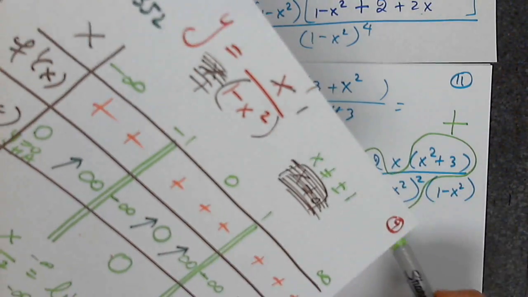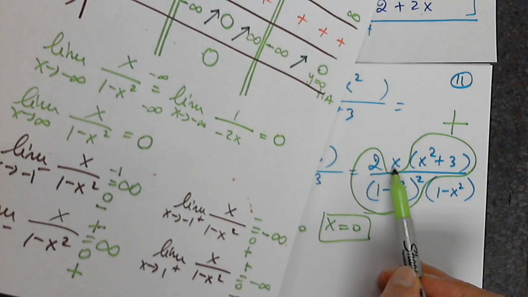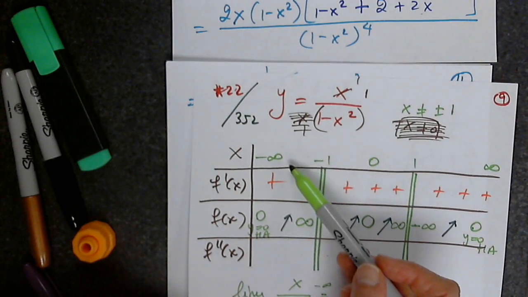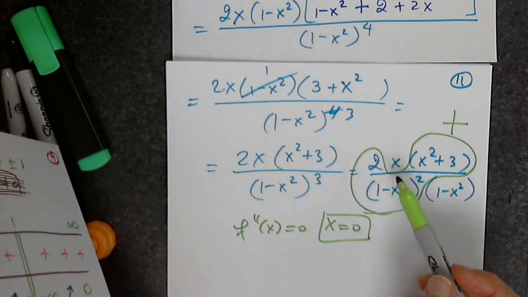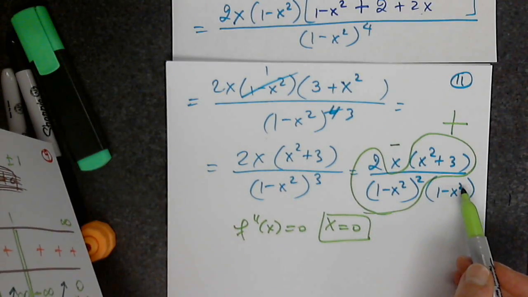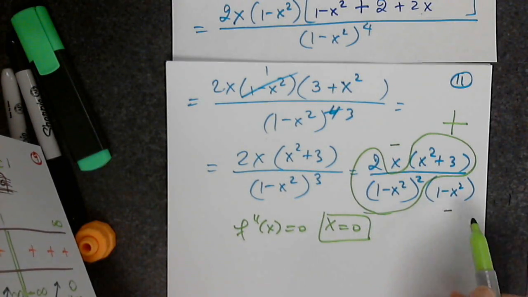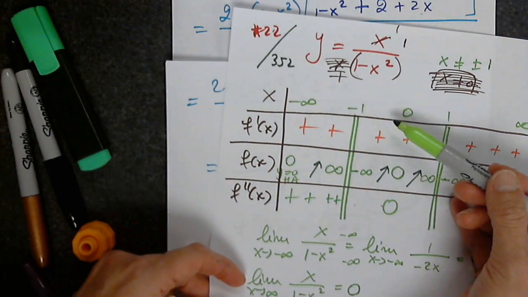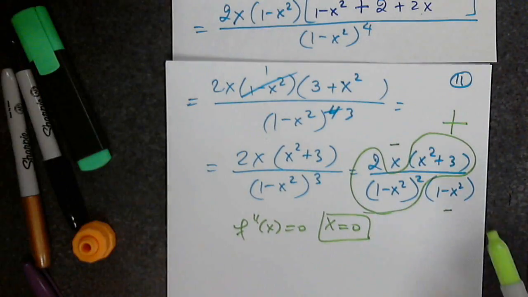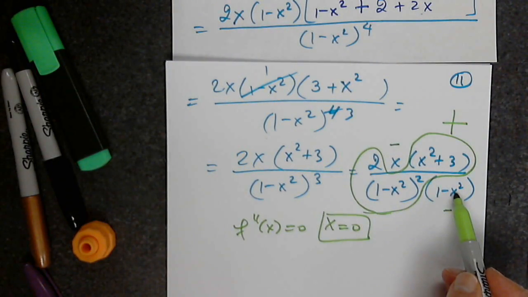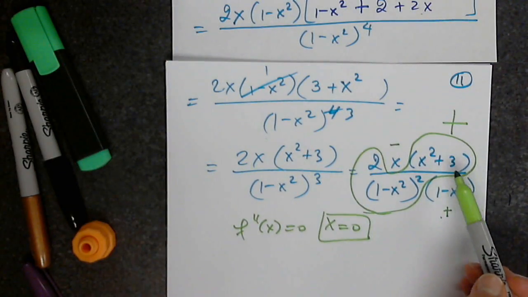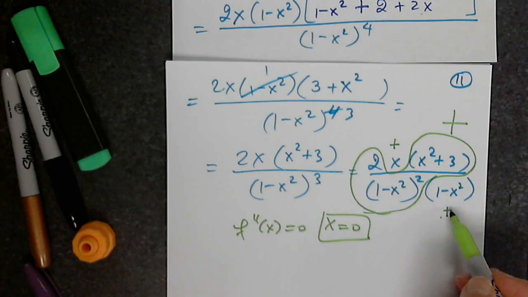Okay, so this is all positive. So I'm studying the sign of x over 1 minus x squared. So I'm going to plug in a number like negative 2. Negative 2, this is negative. Negative 2 squared will be 4. 1 minus 4 will be negative. Negative over negative is positive. I will plug in negative 0.5. Negative 0.5 squared is 0.25, and 1 minus 0.25 is positive.